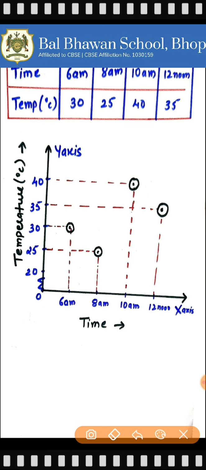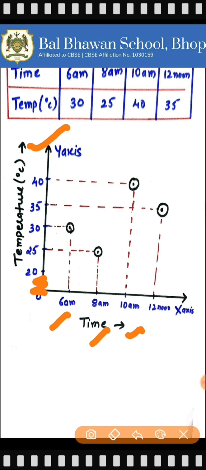It's not like this, where we write 6, then 7, then 9, then 10. The numbers should be in equal gaps, like 6 a.m., 8 a.m. All the numbers are in gaps of 2 hours. And the same on the y-axis, the numbers are taken in intervals of 5. You can see that there is a kink over here.